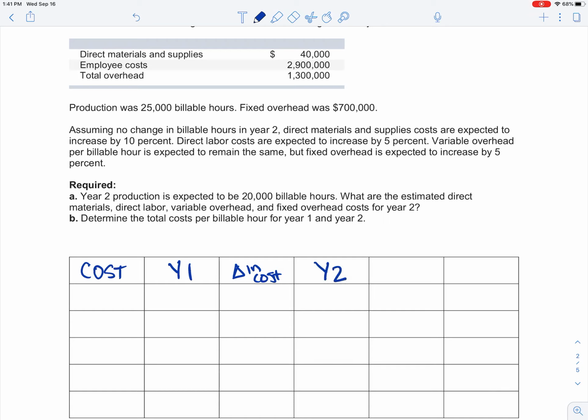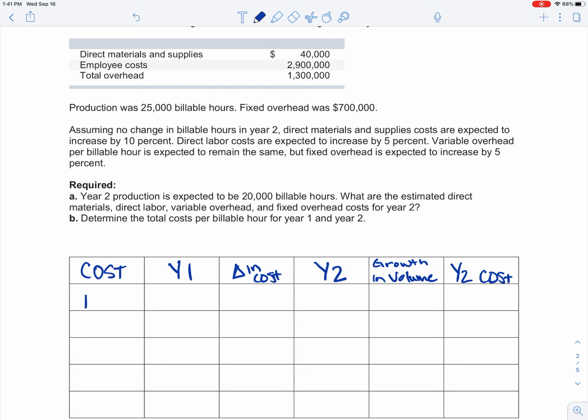That's going to give us our year two cost. And then we're going to look at our volume, our growth in volume. And that's just looking at what is the change from last year to this year in those billable hours. And that will give us our year two cost.